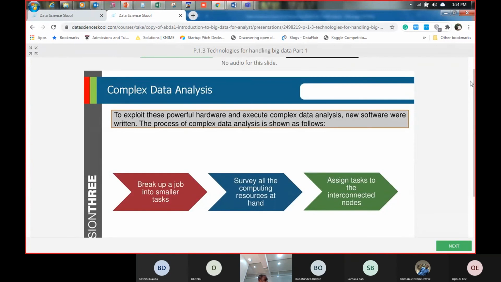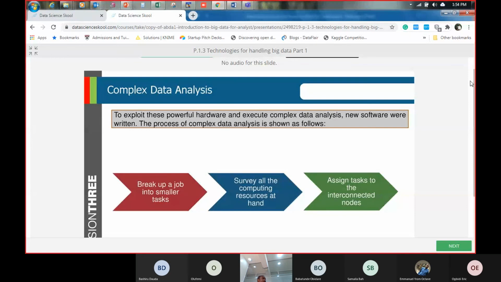Then you assign the job to the different interconnected systems. It's very intuitive. It's very simple. Before now, it was only one guy that would do the job. Now we have multiple people that can do the job.